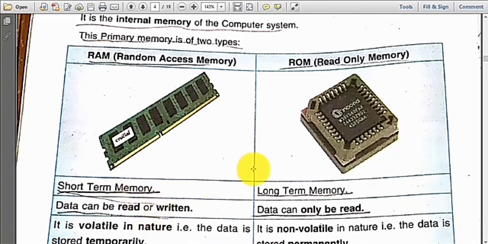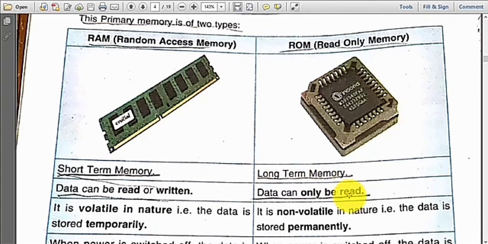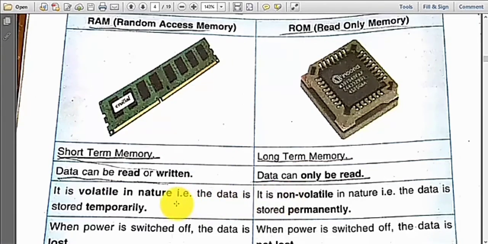In RAM, data can be read or written. In ROM, data can only be read. Means if you store your data in ROM, you can only read; you cannot write. RAM is volatile in nature, means your data will be stored temporarily.